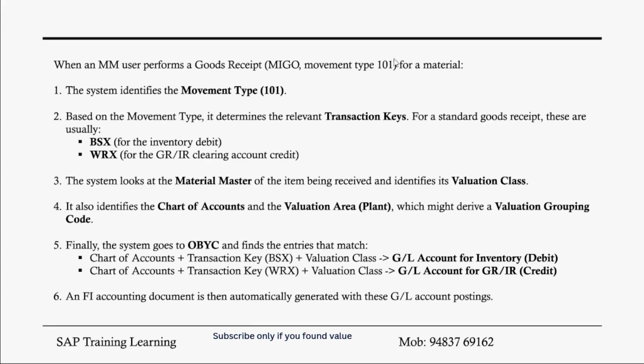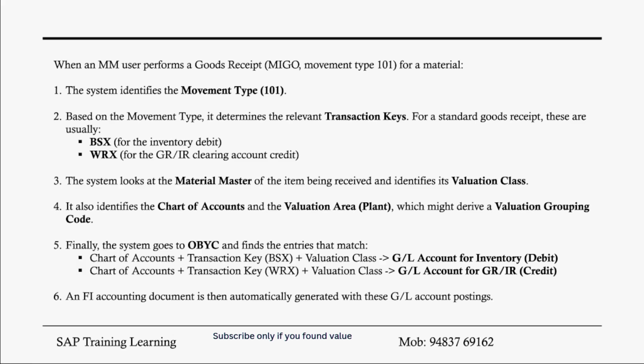If you use movement type 101 and do a goods receipt, this movement type converts that stock into your own stock directly. So you are taking this stock to your stock directly. That is the case where you use movement type 101.